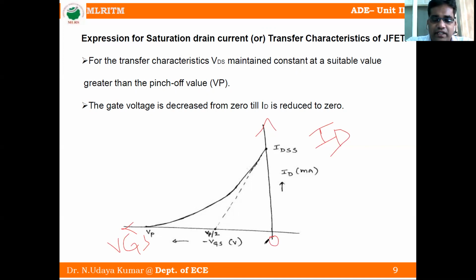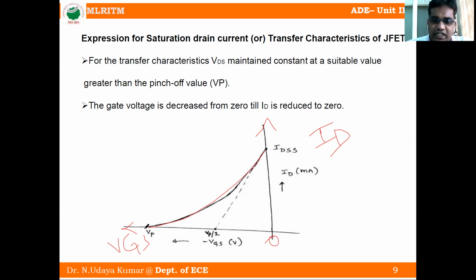You can observe that this curve is a parabola. The drain current is reduced as VGS is increased, until the drain current reaches 0. That voltage we call the pinch off voltage. This is called the transfer characteristics.